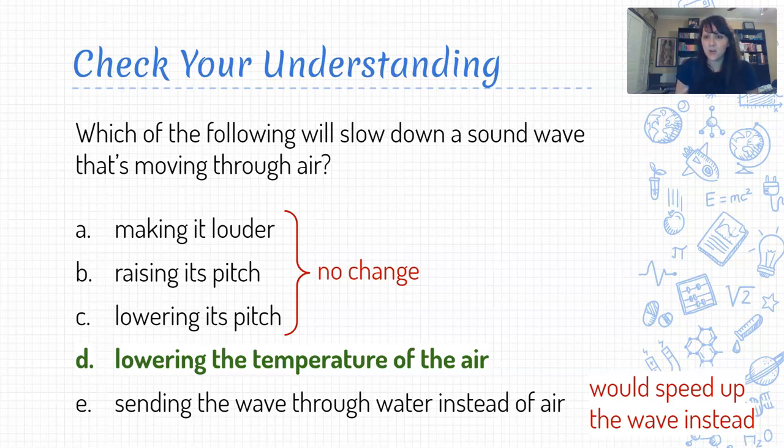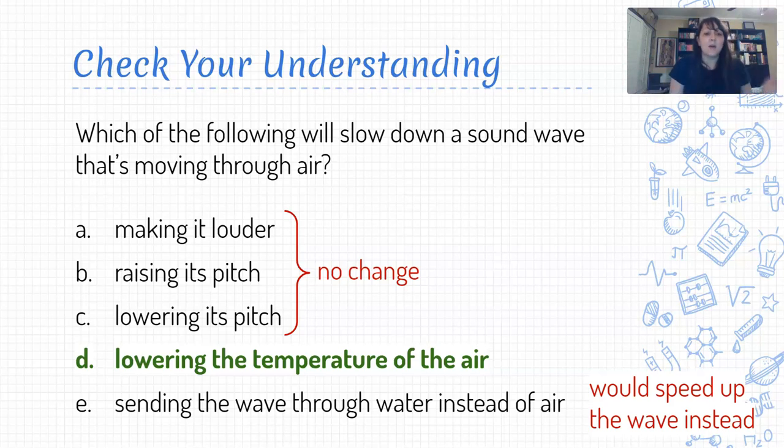But for a mechanical wave, like a sound wave here, having the wave travel through water is actually going to speed up our wave instead, because in water our particles are more closely packed together than in air. In air, there's much more space between our particles, fewer opportunities for collision. So by sending the wave through water, the wave will actually move faster.